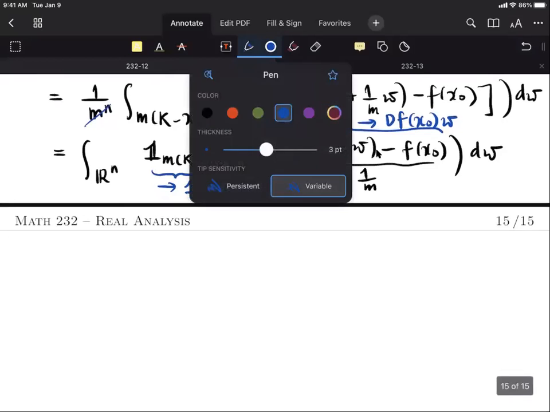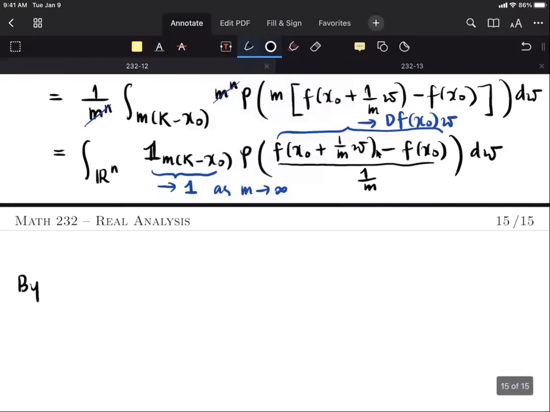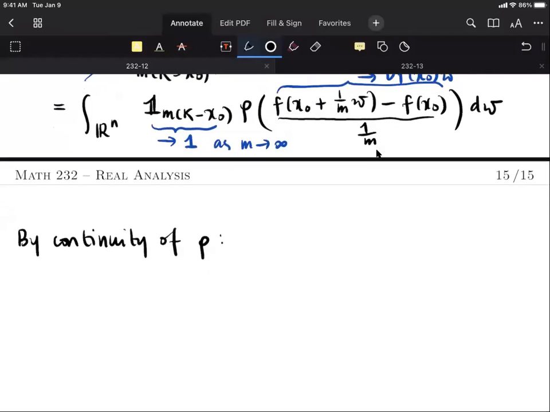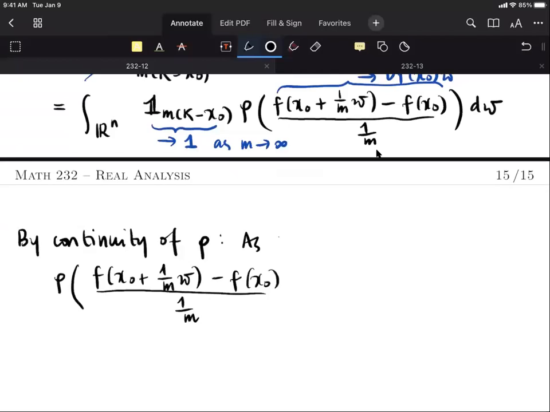Now applying the continuity of rho, we therefore conclude that rho of this difference quotient, as m tends to infinity, goes to rho of d f x naught times w.